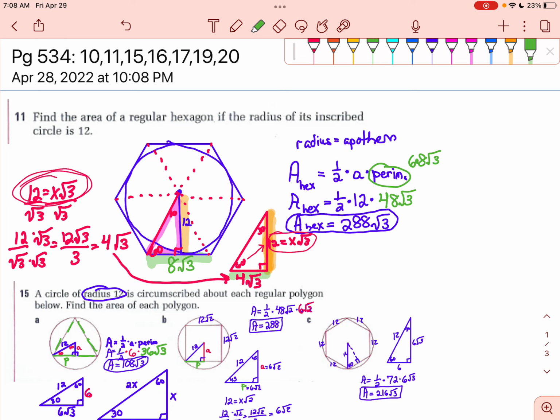And because this is a hexagon, we have 6 8 root 3s for the perimeter, which ends up being 48 root 3. And then, of course, the apothem, or the height that we're multiplying it by, is 12. So for number 11, you should get 288 root 3.